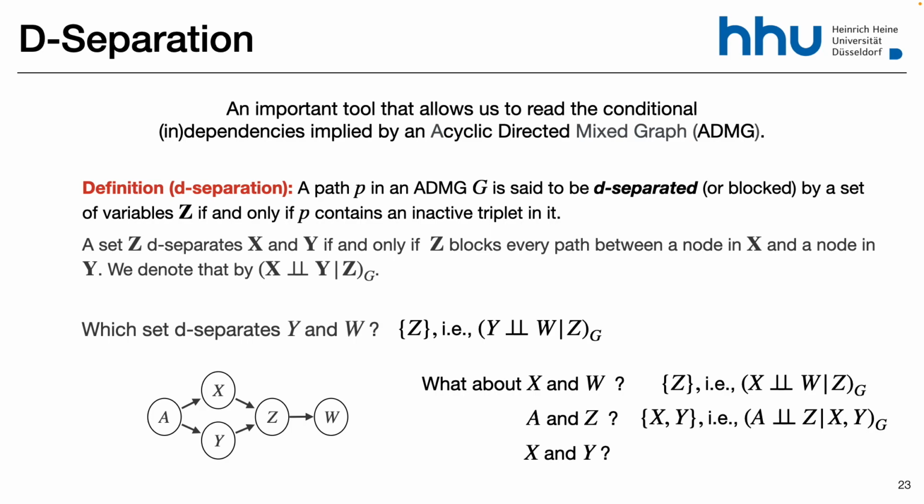This is also blocking other paths there. You have to look at all paths, right? So W and Y, that is this path, but there is also this path. Have to be very comprehensive. So this is a lot of information encoded.